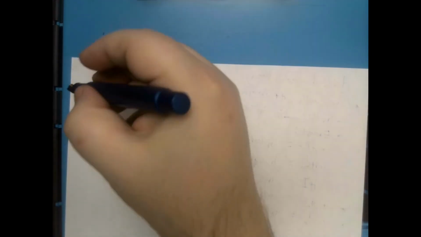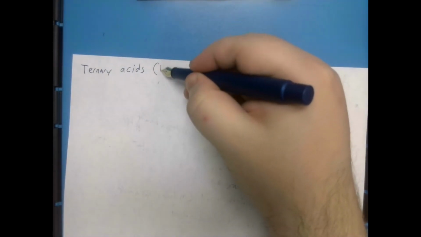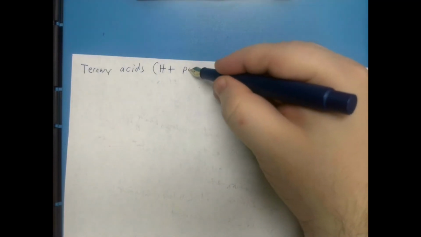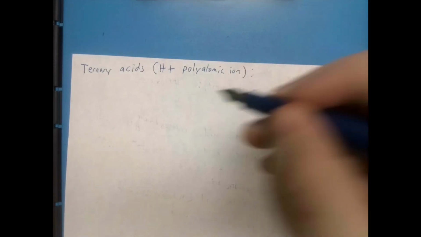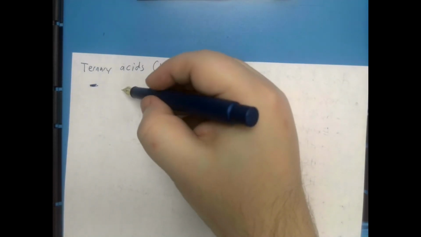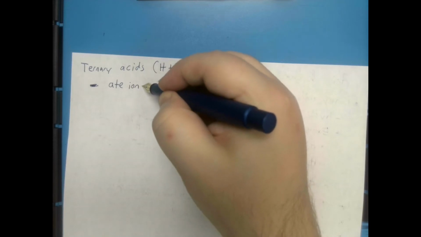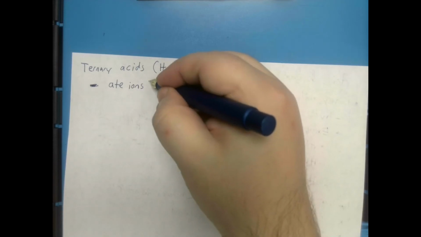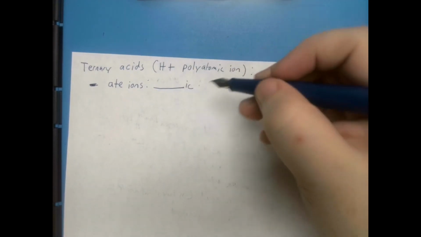So let's look at ternary acids. Ternary acids will be hydrogen plus a polyatomic ion. So if it ends in ate, if it's an ate ion, we're going to replace or add the ending IC.